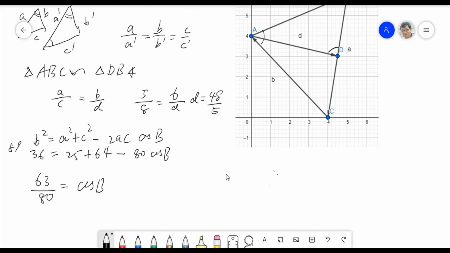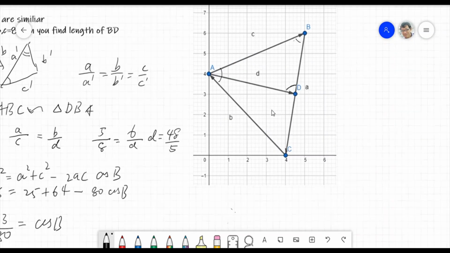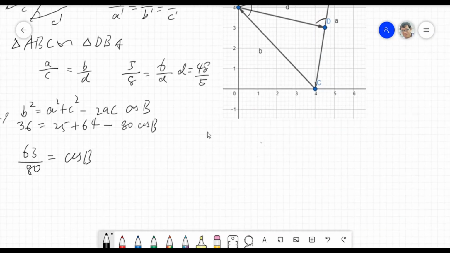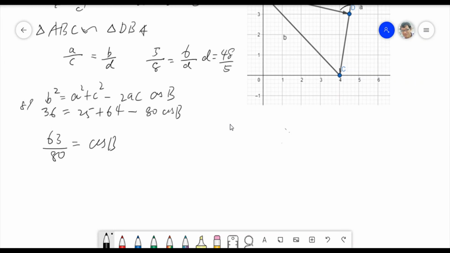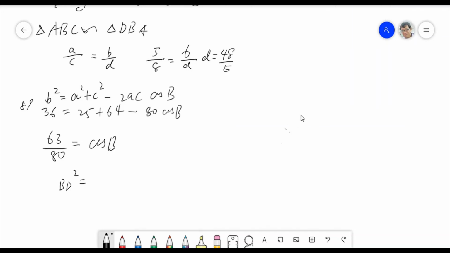Since we know the cosine B, we use the law of cosine again to get another side, BD. Let me move a little down.